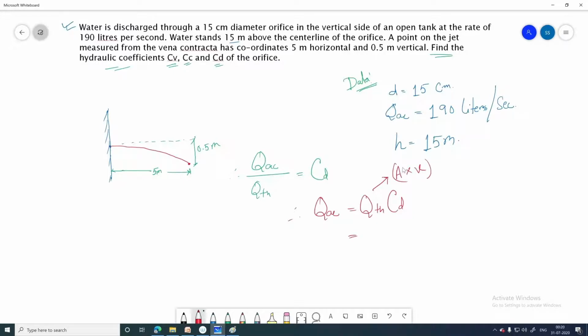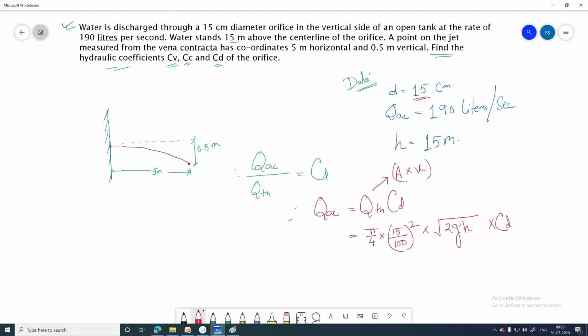This area is pi by 4 into d square, and the diameter of the orifice is 15 centimeter. So we put the value: area becomes pi by 4 into 15 by 100 meter, squared, into the theoretical velocity, that is root over 2gh, into CD.